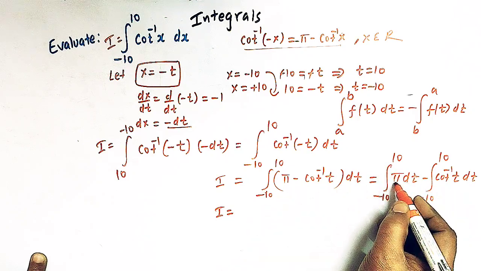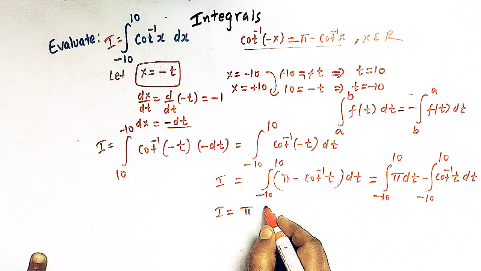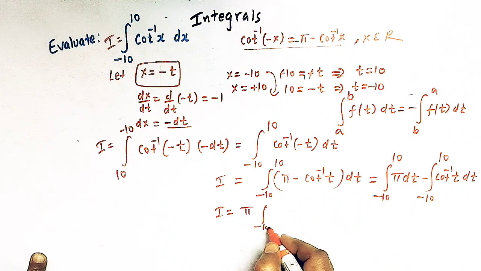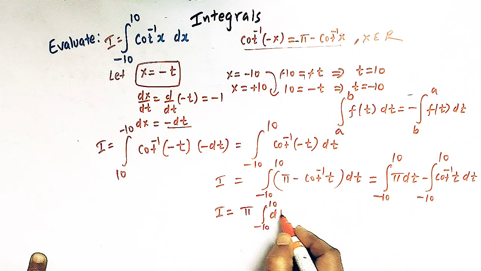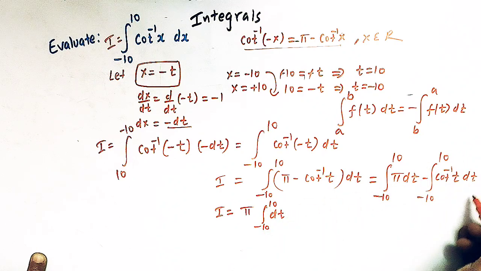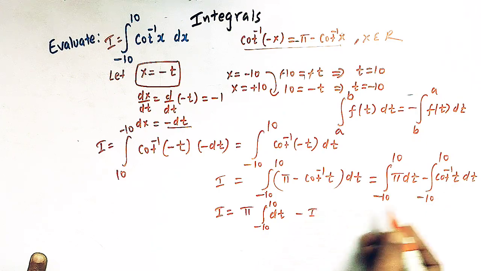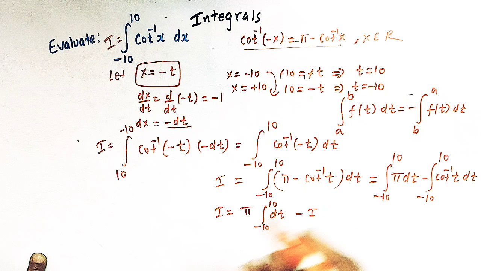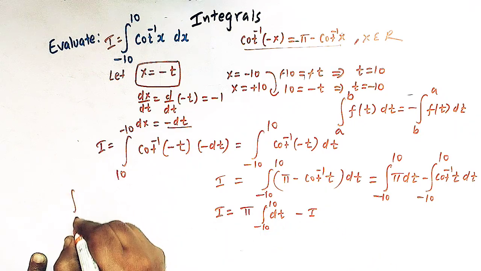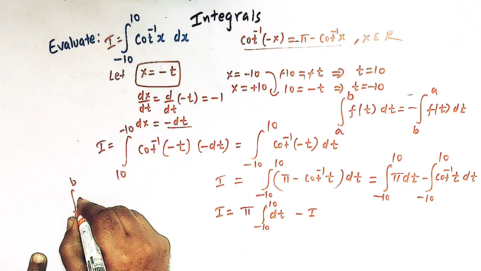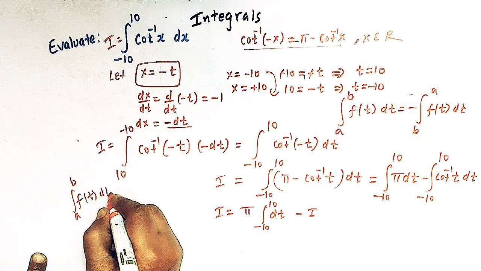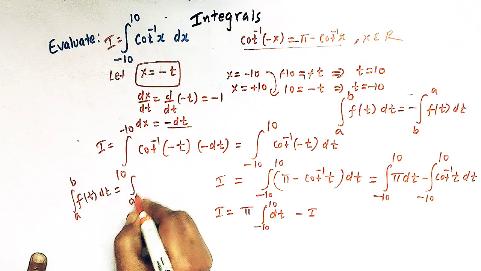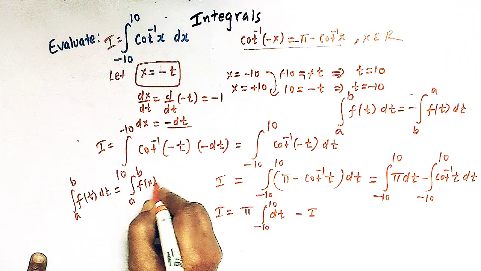So here we can take pi outside the integral, and we have the integral from minus 10 to 10 of dt, and this integral is now equal to I, because here we can again make use of one important property of definite integrals, which says that the integral from a to b of f of t dt is equal to the integral from a to b of f of x dx.